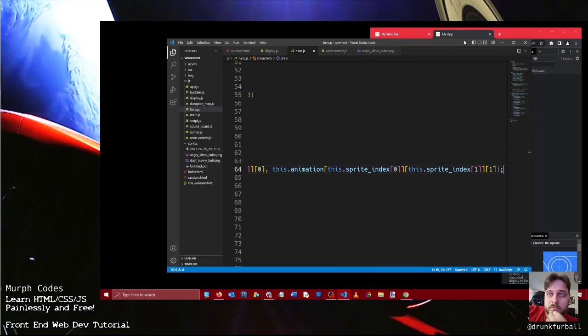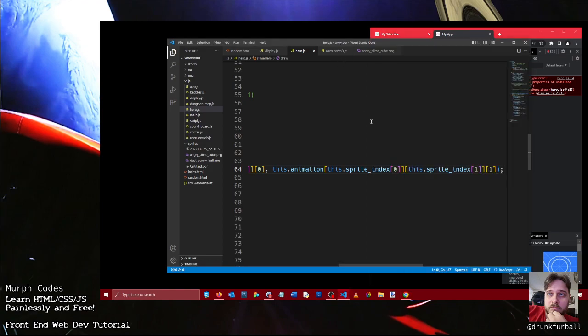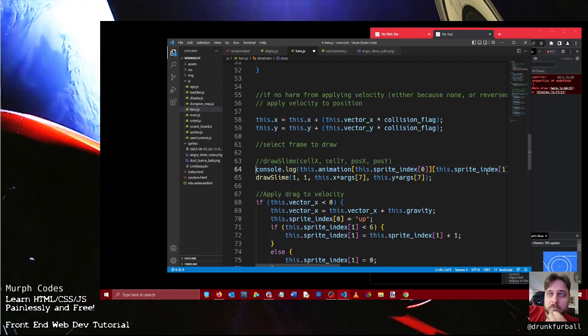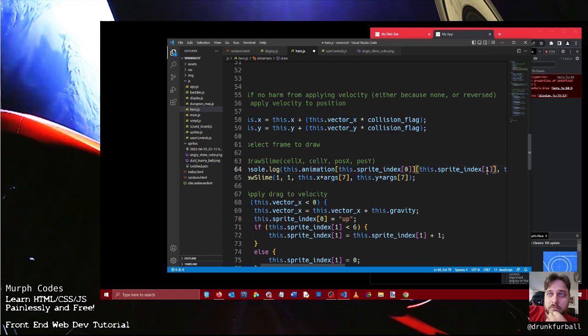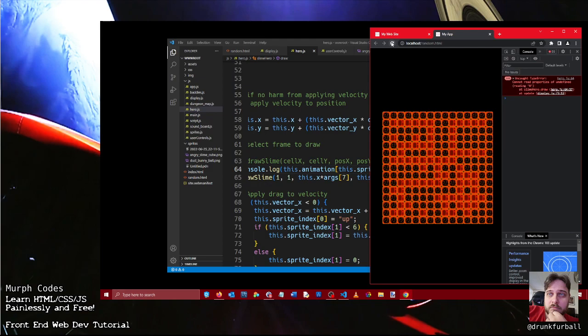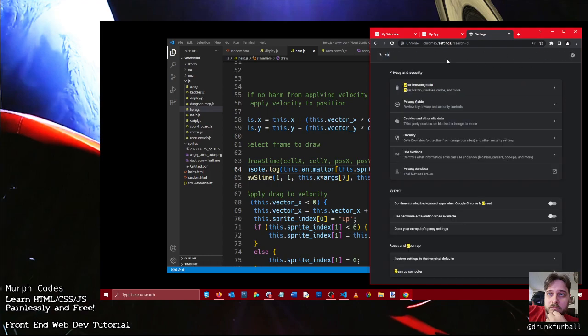What are we getting for values here? Settings. Clear.